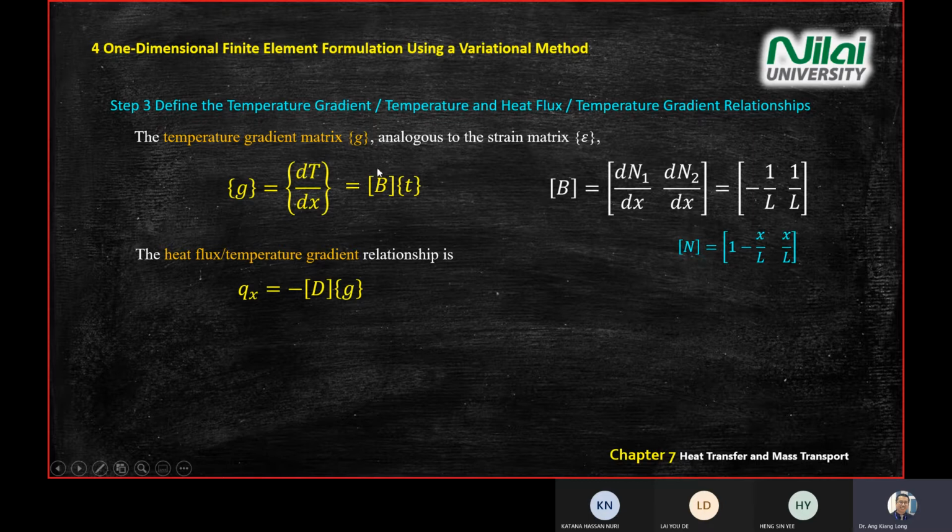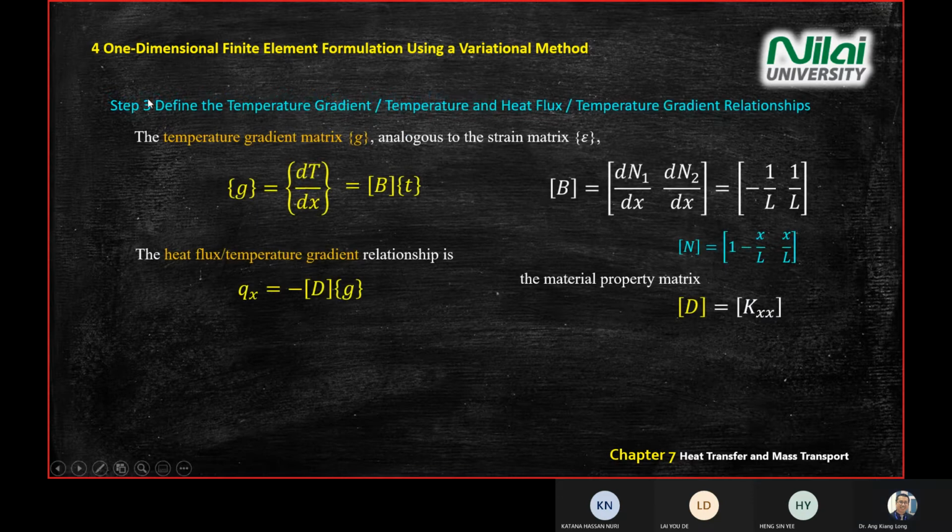So later you can substitute BT into this equation. If you want to calculate the heat flux, you have Qx equal to negative D B T. You just substitute here and there, and you get the equation. And D is actually your Kxx.